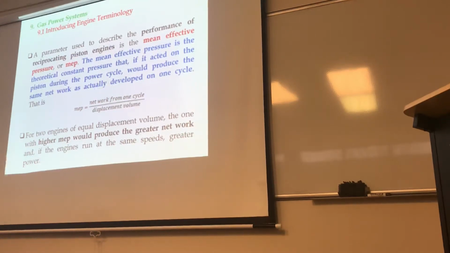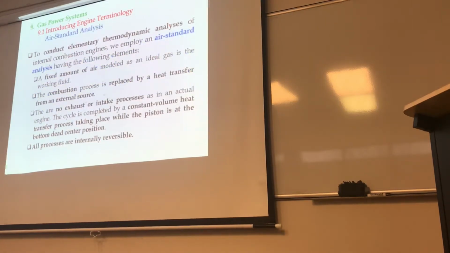Knowing that pressure is associated with work creation, and pressure times volume change is usually work, and we know that a piston cylinder will have a volume change, why not create something called the mean effective pressure, which is defined as the net work from one cycle divided by the displacement volume.